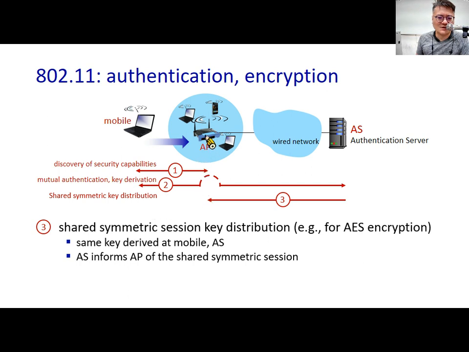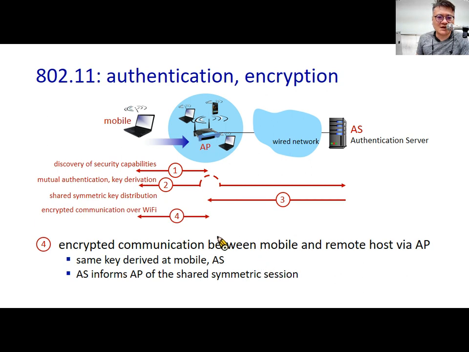Then a connection is built between the AP and the authentication server, and the authentication server sends the symmetric session key to the AP, like the AES encryption key. Then the key derived at the mobile and the AES key are shared, and the authentication server informs the AP of the shared symmetric session key.